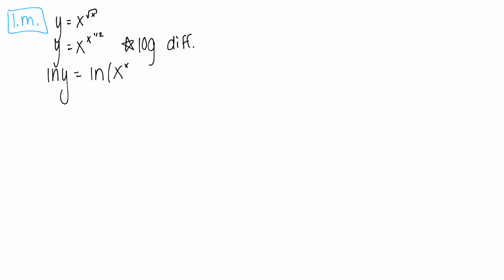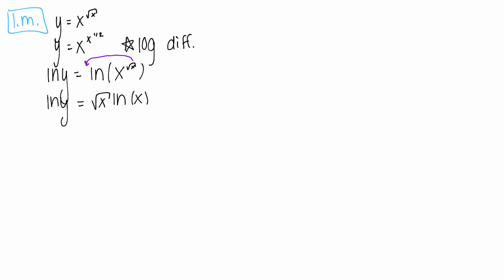If it makes more sense to leave it as the square root x for a moment, that's fine, because it can get a bit confusing since this square root x needs to come down in front. And if you don't want to get confused about the 1/2, it might help to keep it like this for a moment. So you have ln y equals square root x, ln x.